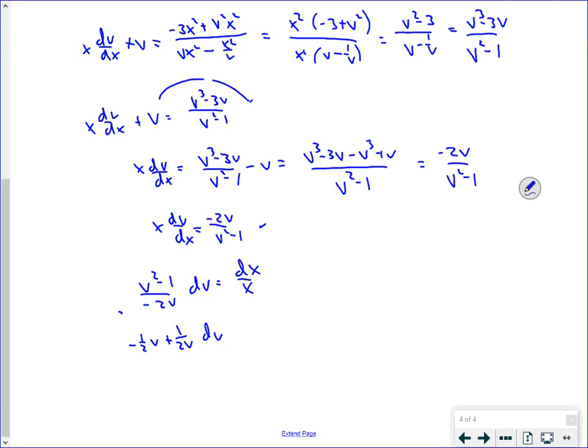So I integrate that. Integrate this. This is minus 1/4 v squared plus 1/2 log v is log x plus some constant.